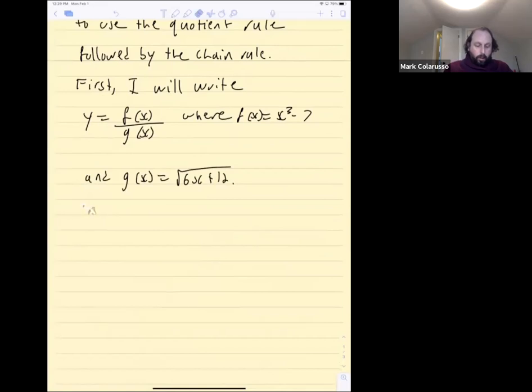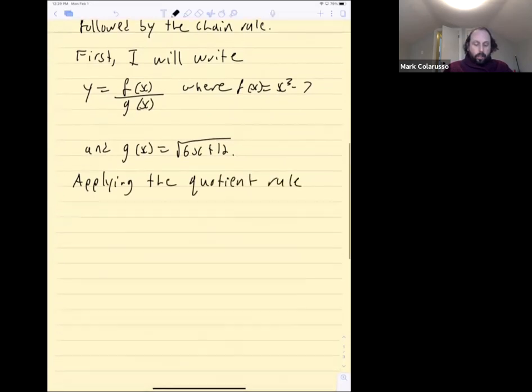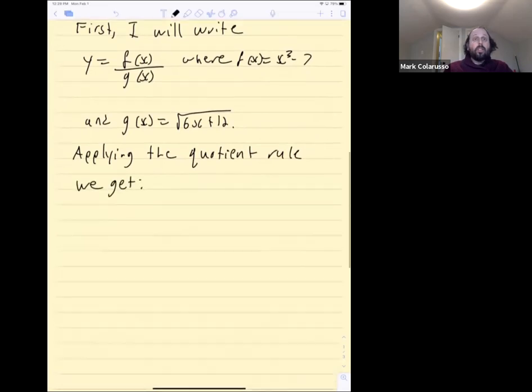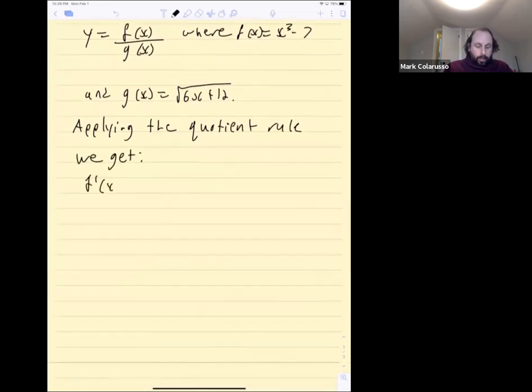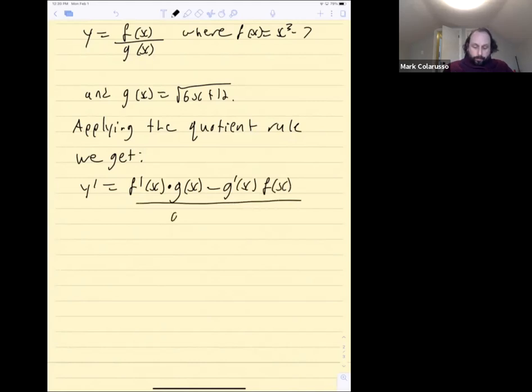Applying the quotient rule, we get y prime equals f prime at x, the derivative of the numerator, times the denominator, minus the derivative of the denominator times the numerator, all over the denominator squared.